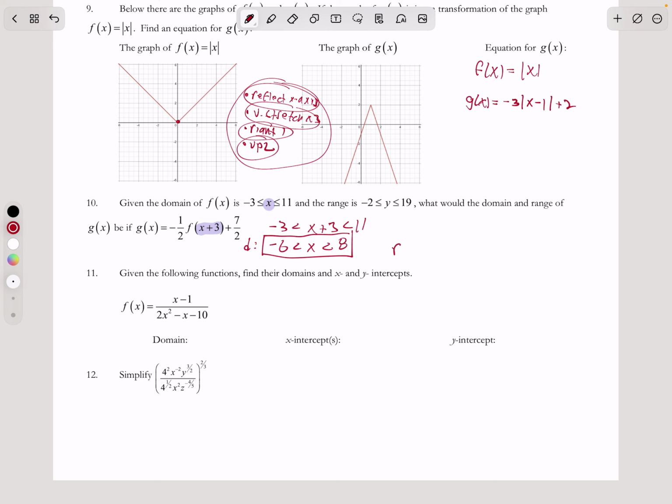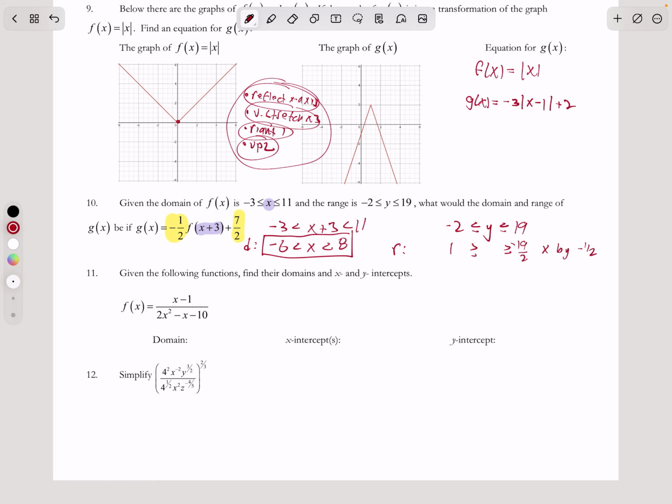For the range, you're going to take those original y values of the range, and you're just going to apply the actual changes to the function, which is that y got multiplied by -1/2 and then added 7/2 to it. So let's multiply by negative 1/2. That's going to make the signs flip. We're multiplying by a negative. So that's going to be a 1 and a 19/2, but negative.